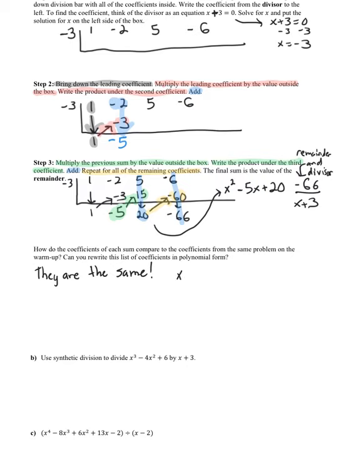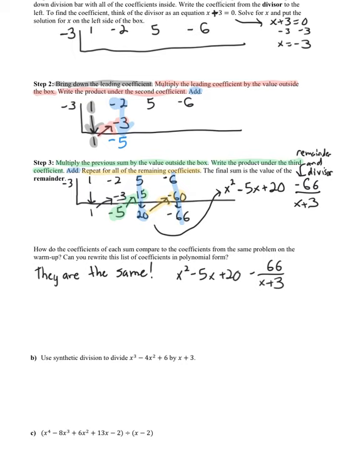We ended up with x squared minus 5x plus 20. We're essentially doing the polynomial long division, but without the variables this time, and we're using this weird synthetic method instead. Now, which one do we think is going to be easier, polynomial long division or synthetic division?